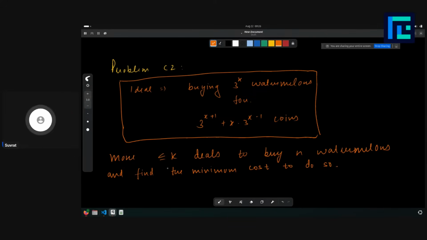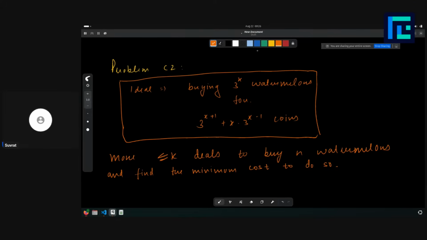So basically, you can now do less than equal to k deals in this problem, and while doing less than equal to k deals, you need to buy n watermelons and find the minimum cost that you can manage to buy n watermelons for.